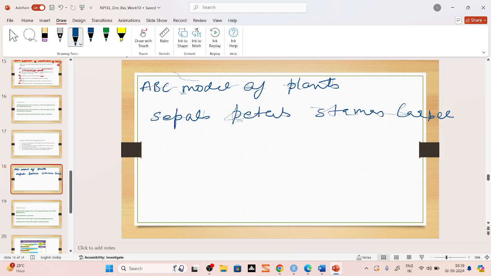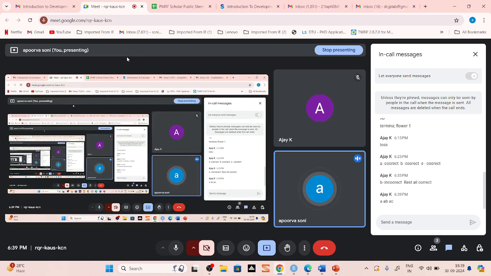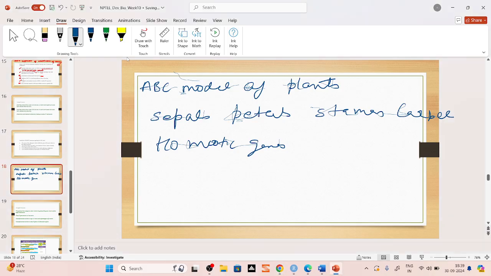It is because of the expression of certain genes, and those genes are known as homeotic genes. Okay, so these homeotic genes we have studied earlier. Can you tell me where we have studied them earlier? In which model else have we studied these homeotic genes?